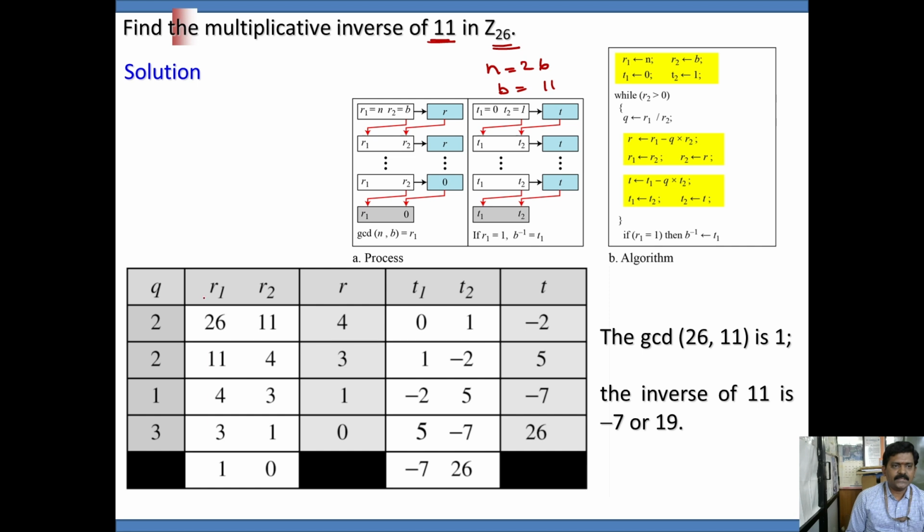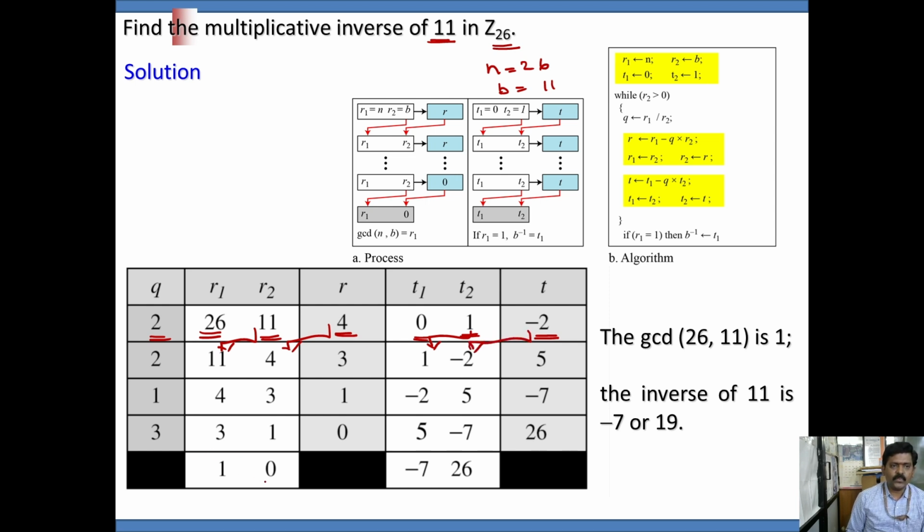So take R1 as 26 and the number 11 as R2, and we find the quotient and the corresponding remainder. We assign T1 as 0 and T2 as 1 as we discussed earlier, and we find T, and we iterate the process of updating the variables. R1 is updated as R2 and R2 is updated as R. Similarly, T1 is updated as T2 and T2 is updated as T. And the process continues.